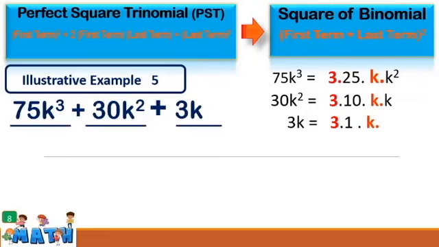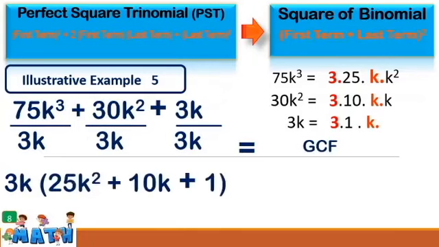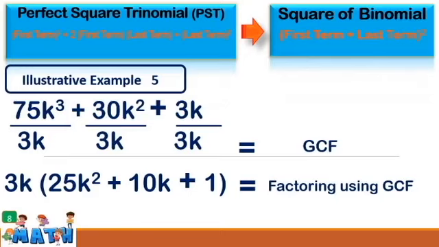So we have 75k cubed divided by 3k is 25k squared. 30k squared divided by 3k is 10k, and 3k divided by 3k is equal to 1. So we have the factored form 3k, which is our divisor or the GCF, times the quantity 25k squared plus 10k plus 1 using the greatest common factor.